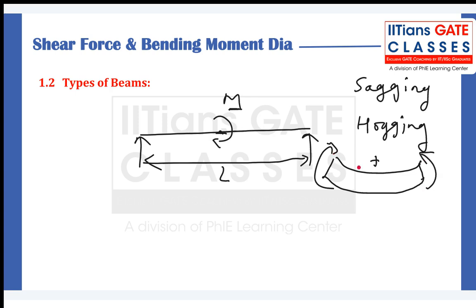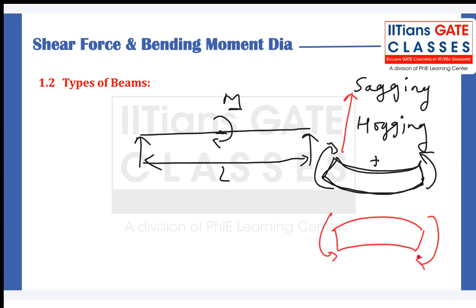This is along the length of the beam. What is hogging? If on top of the beam you have tension and at the bottom you have compression, this is known as hogging.